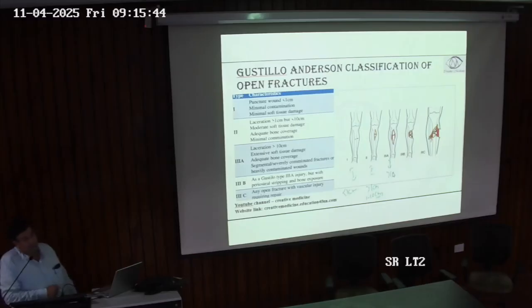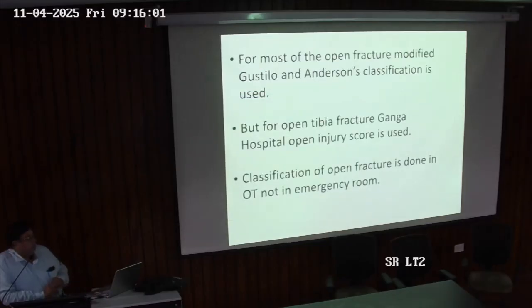So after periosteum is lost, split thickness graft is no longer possible, and we have to give a muscular or a cutaneous flap. And for open fracture of the tibia, we use the Ganga Hospital score.